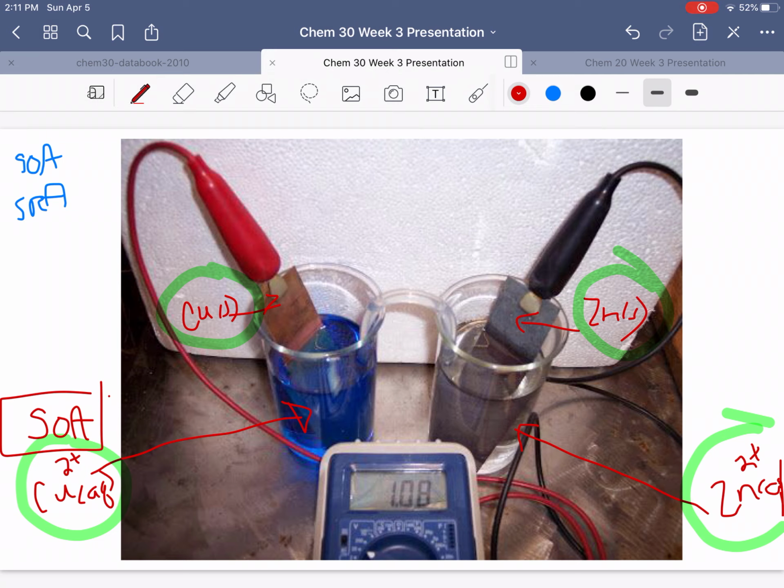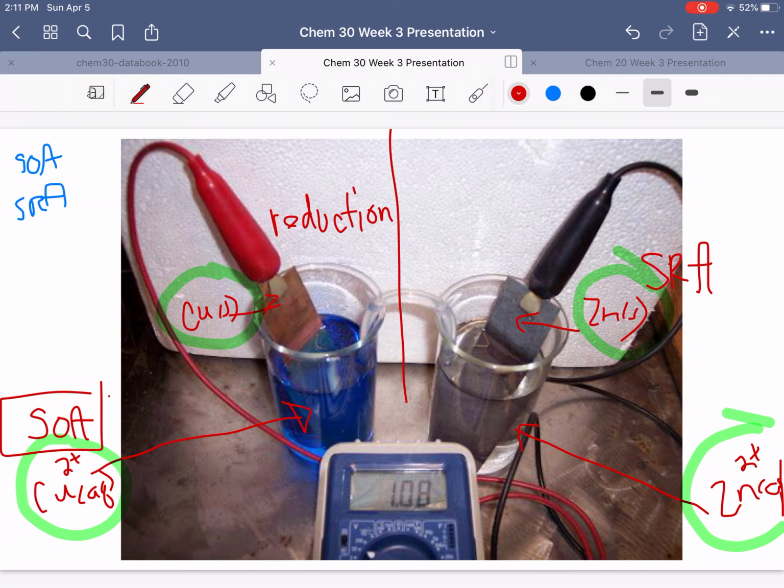So, similar thing, I'm going to go back to my diagram. SRA is here. Now remember what that means. The strongest oxidizing agent is always undergoing reduction. So that means this half reaction to the left here is reduction.